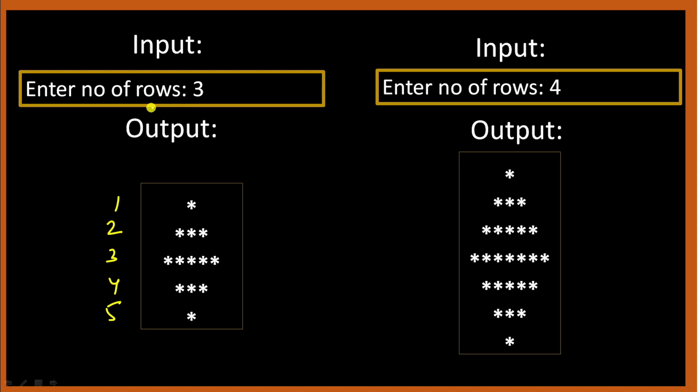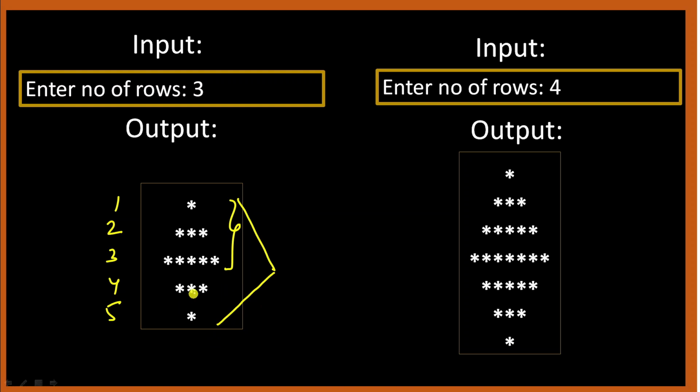Although we are given the number of rows as 3, there is a pattern in this. For the first 3 rows we have 1 star, then 3 stars, then 5 stars. First it is expanding, then it is decreasing.